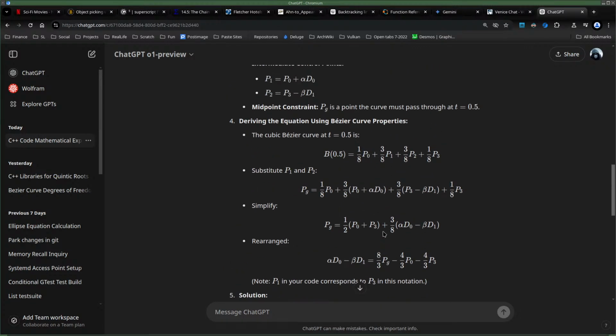Okay, so now I want to understand again, why are we having alpha times d0 minus beta times d1? That's because it pops up here, and that happens because this 1/8 combines with that 3/8 to give a half.